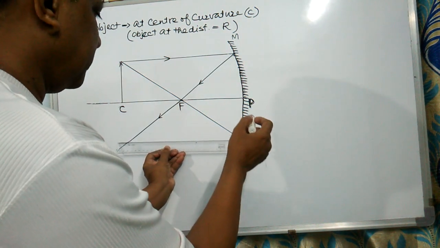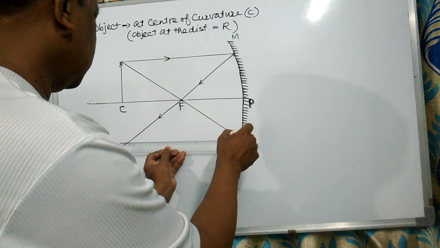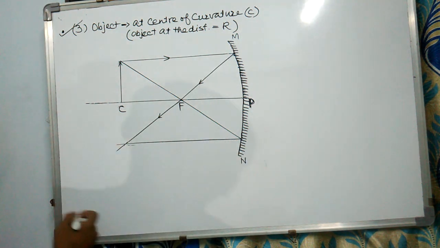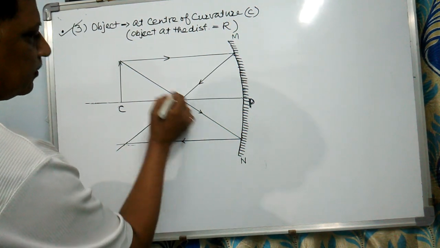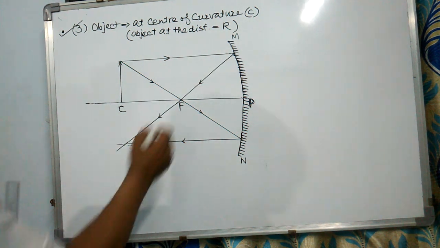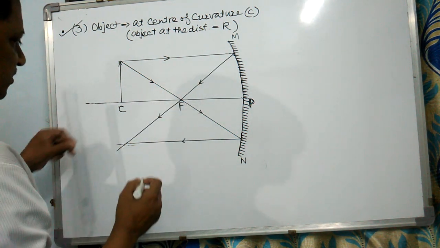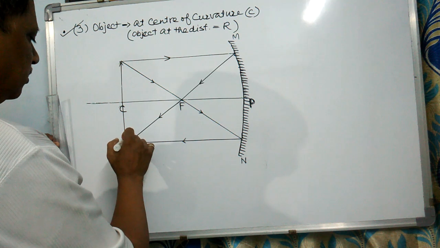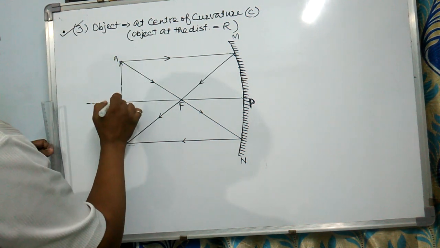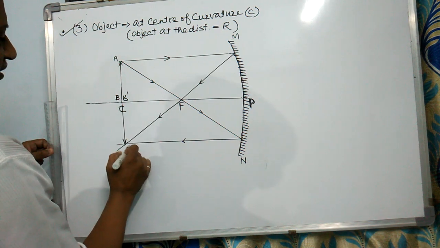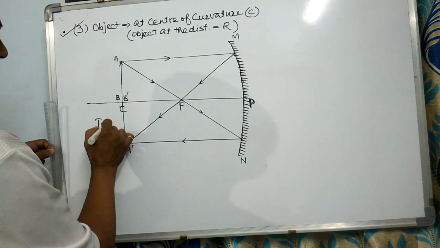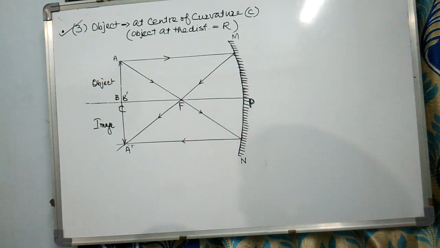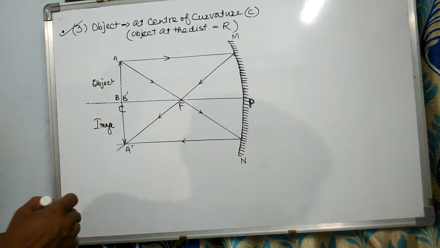Now, after reflection it passes parallel to the principal axis. These two reflected rays meet each other, and we have an image. So here is the object and this is the image.